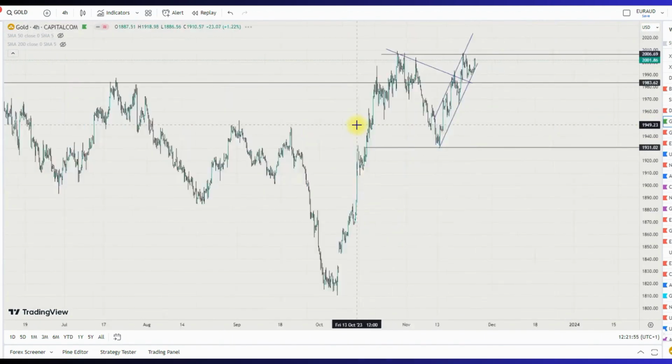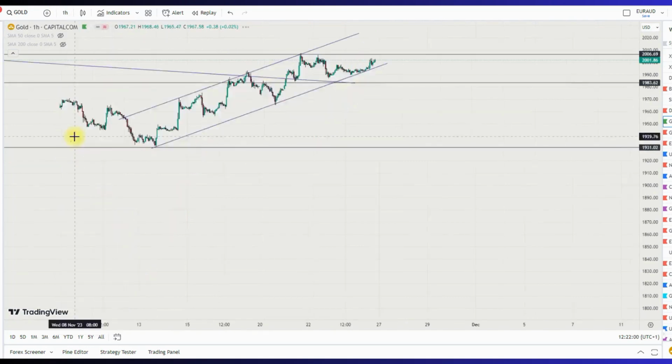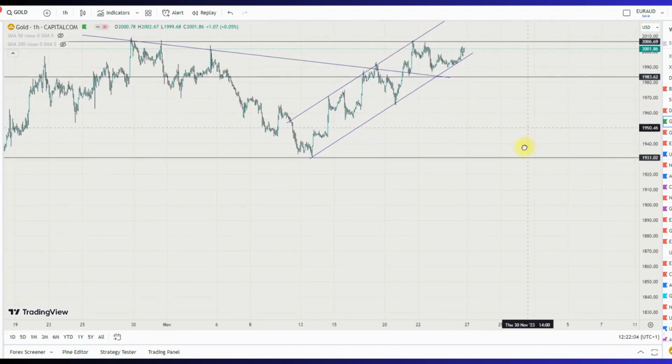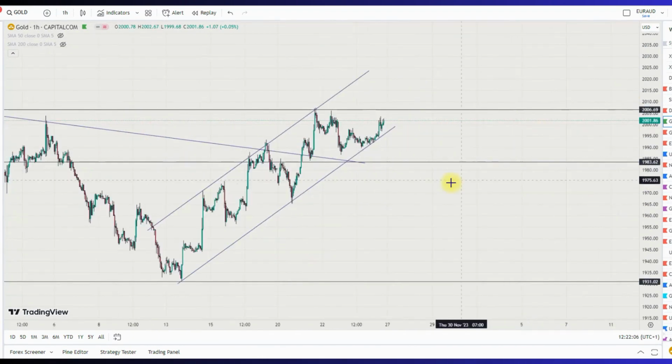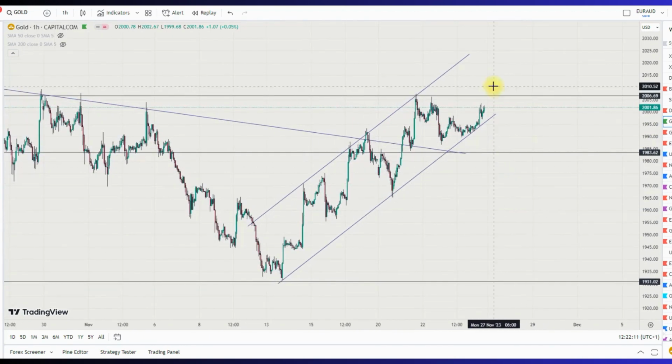For gold, I'm anticipating a move to the downside. The reason is there are two things I'm looking at in this particular area, but the solid one is to the downside, and this is the price I'm looking at, 2006.